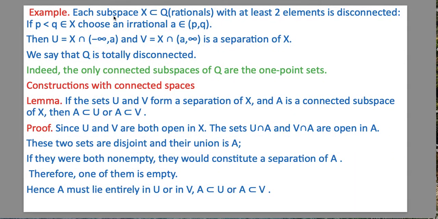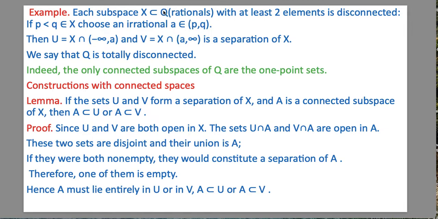One more example. Suppose X is a subset of Q, where Q is the set of rational numbers, with at least two elements; then X is disconnected. Suppose p is less than q, both belonging to X. If we choose a rational number a belonging to the open interval (p, q) and we write U equal to X intersection (-infinity, a) and V equal to X intersection (a, infinity), then U and V form a separation of X, and it means Q is totally disconnected.